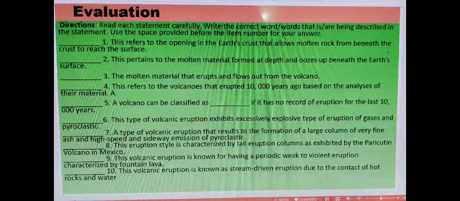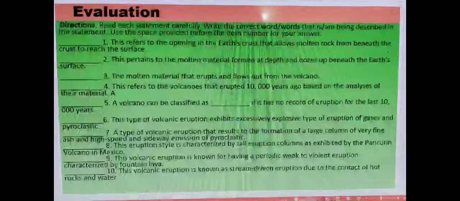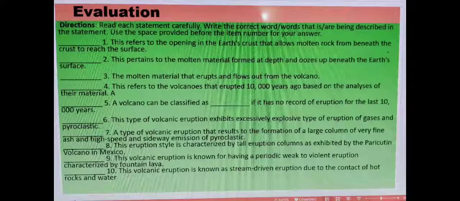This refers to the volcanoes that erupted 10,000 years ago based on the analysis of their material. Number 5. A volcano can be classified as blank if it has no record of eruption for the last 10,000 years.